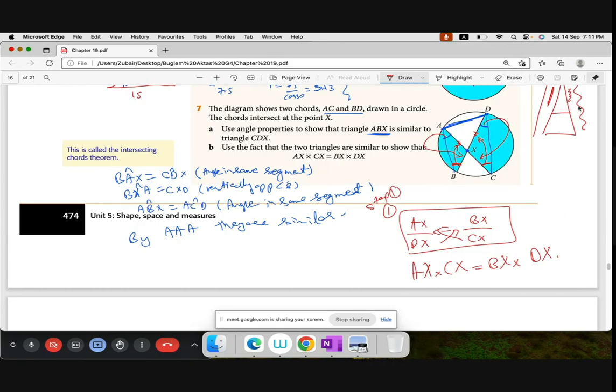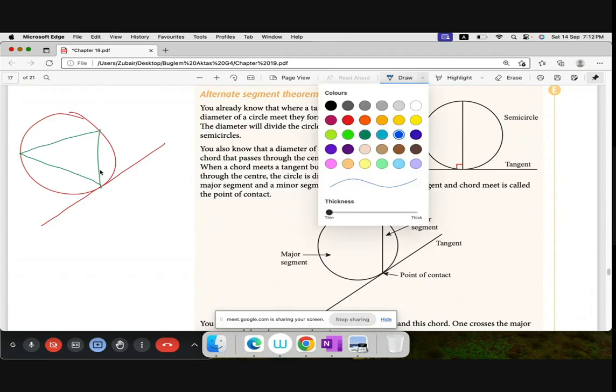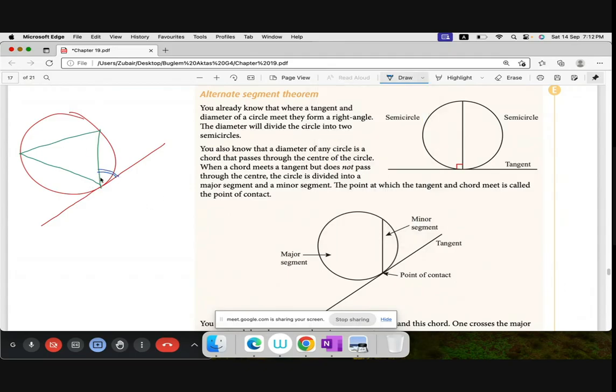Okay. Alternate segment theorem. If I just make this a tangent and draw a triangle, one of whose vertices touches the tangential point, now this angle right here, which is touching one of the chords, and this angle which is away from it, are equal.